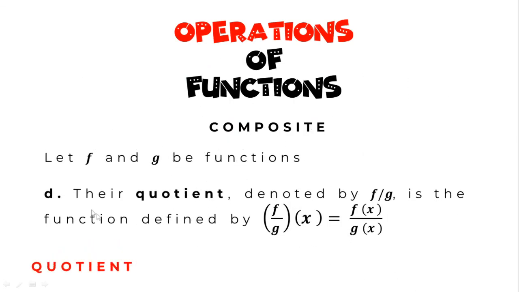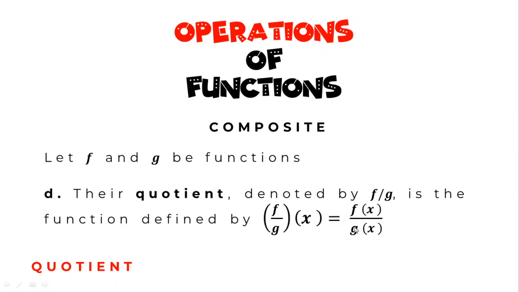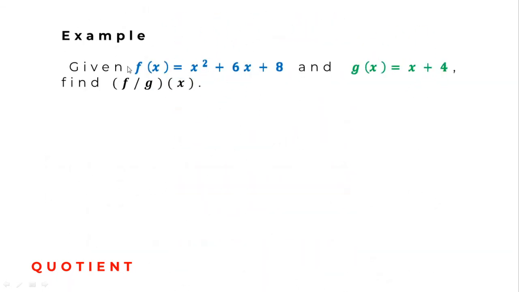Next is quotient. Their quotient, denoted by f divided by g, is the function defined by f over g of x is equal to f of x over g of x. So ito naman yung example natin.